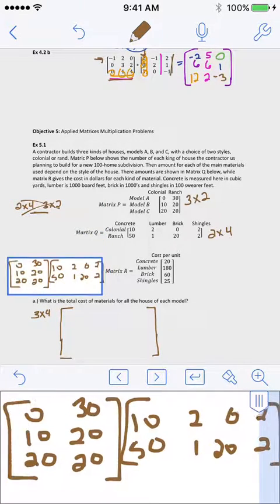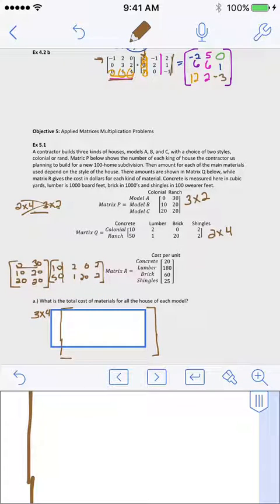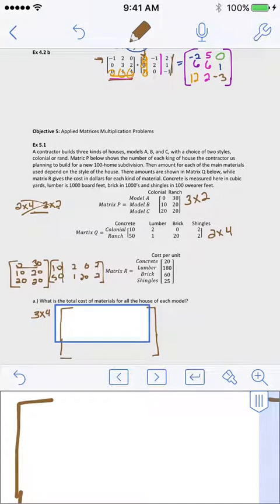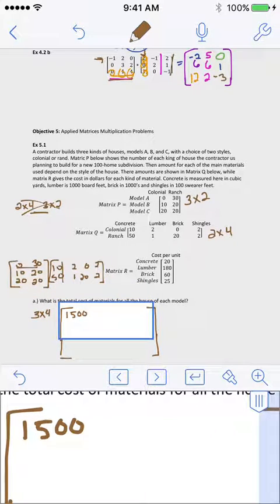All right, let's go ahead and multiply these. So first row, 0, 30 times first column. So 0 times 10 plus 30 times 50, our first entry is going to be 1,500. First row by second column, 0 times 2 plus 30 times 1, the second entry is going to be 30.